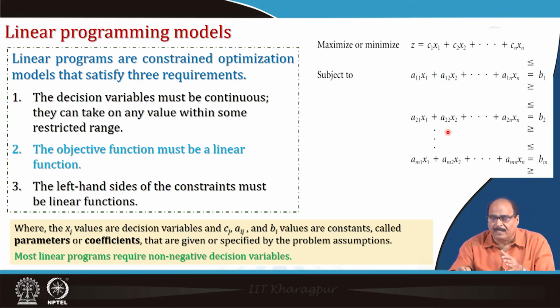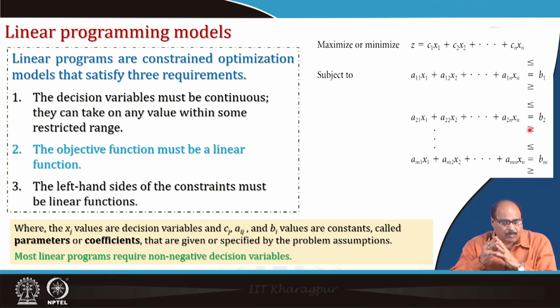Similarly, a21 x1, a22 x2, a2n xn may be equal to, higher or less than b2, and so on. So, these xi are values of the decision variables, and cj, aij and bi values are constants. These are called parameters or coefficients that are given or specified by the problem assumption.